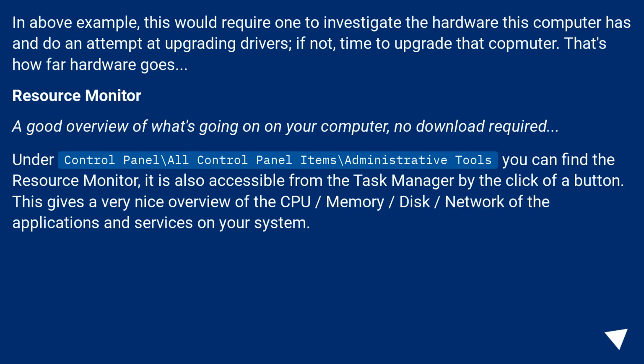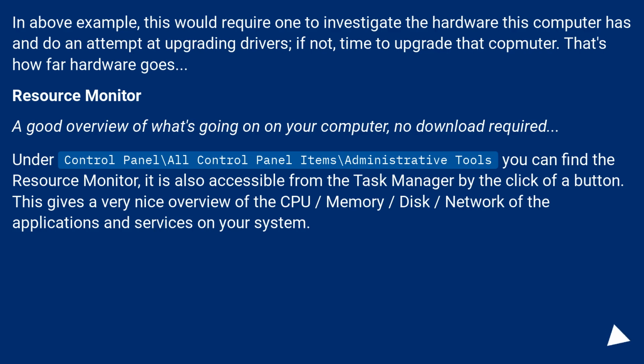Resource Monitor. A good overview of what's going on in your computer, no download required. Under Control Panel / All Control Panel Items / Administrative Tools, you can find the Resource Monitor. It is also accessible from the Task Manager by the click of a button.